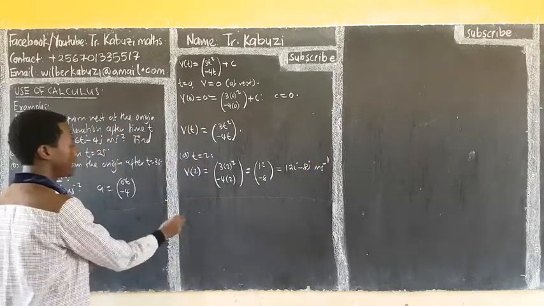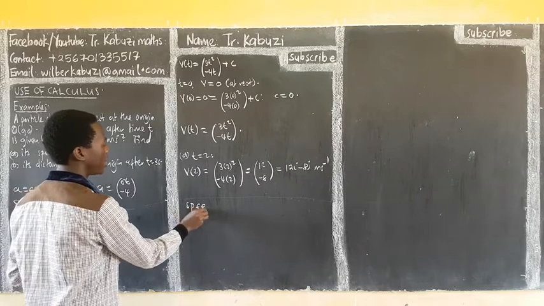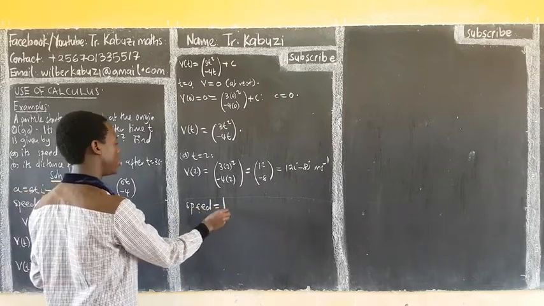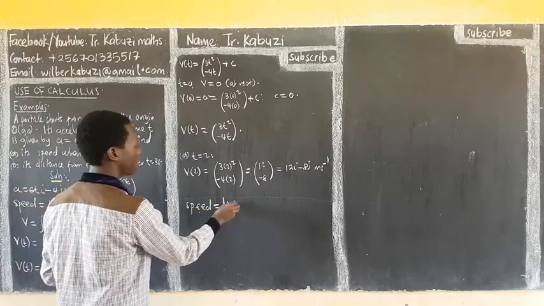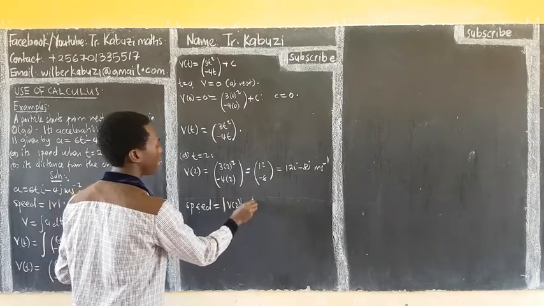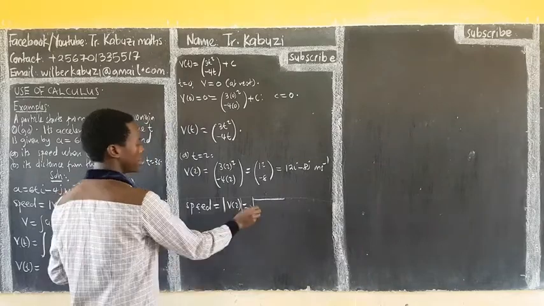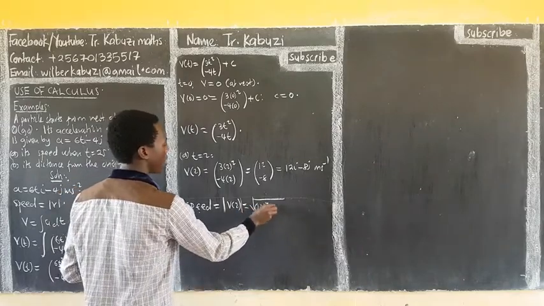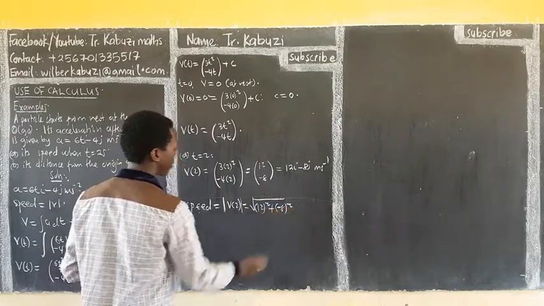Now our speed is going to be the magnitude of v(2), which will be the square root of 12 squared plus negative 8 squared.